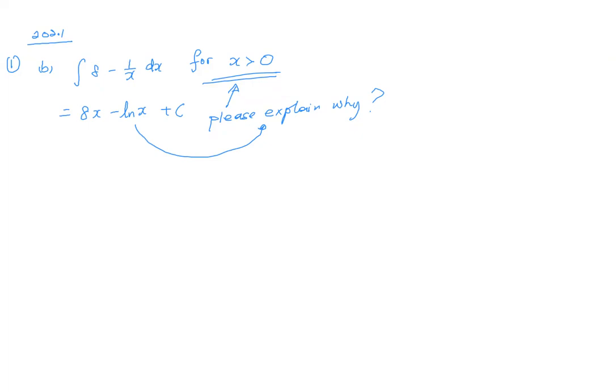Okay, so from this question, it triggered me to think of a question. If I ask you to integrate from 5 to 7 ln x dx, how are you going to do this?